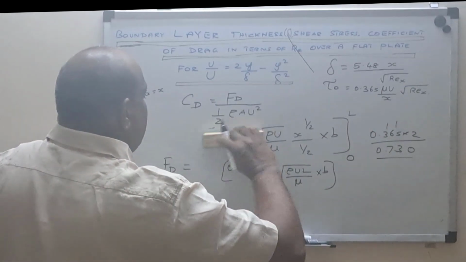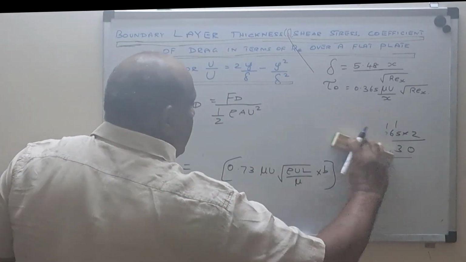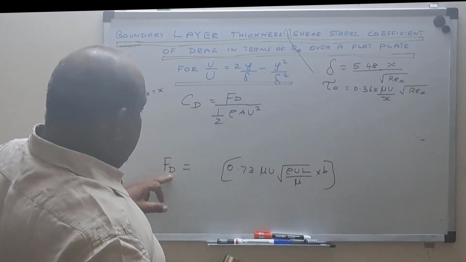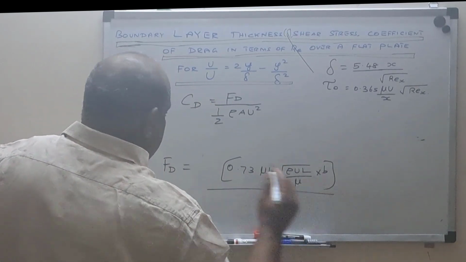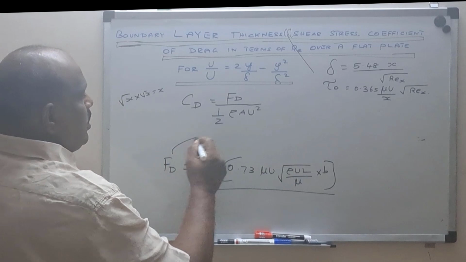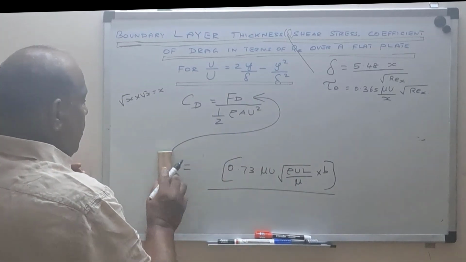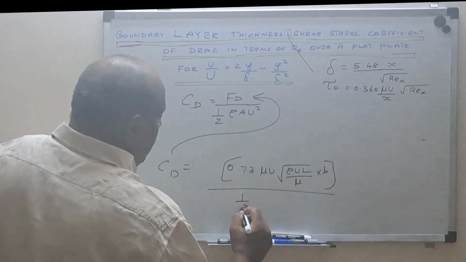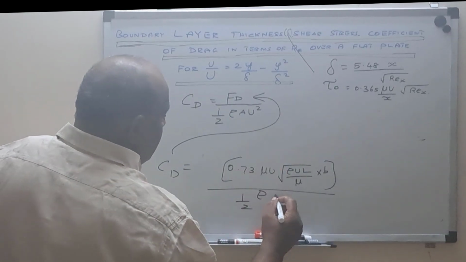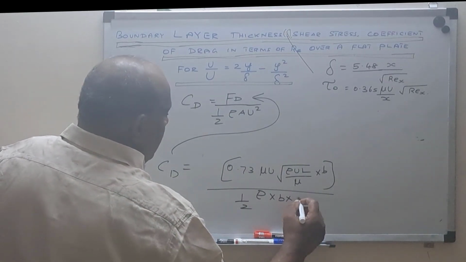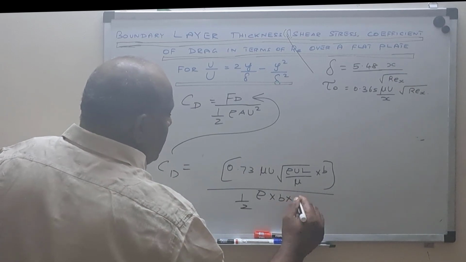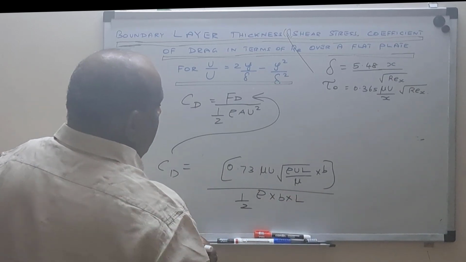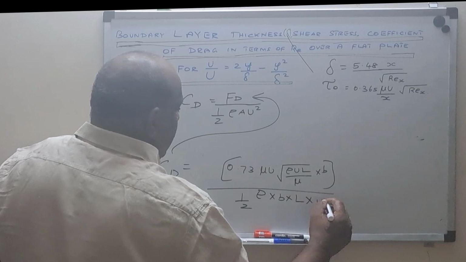So let us try to substitute the value of FD in this equation. This is the FD, so substitute over here. So this will become CD equal to FD by half rho A. What is A? A is nothing but b into L, instead of delta x, it is the whole length, into u squared.